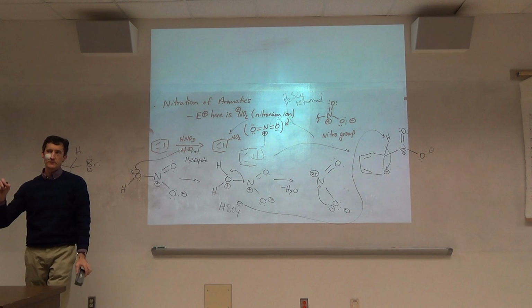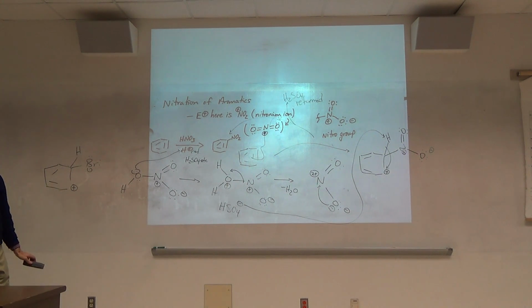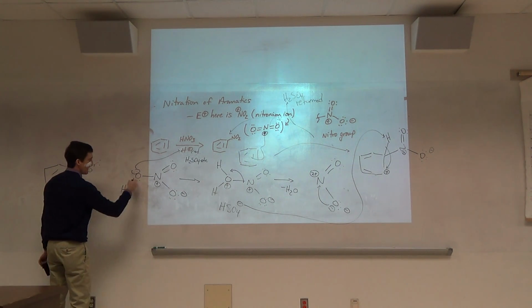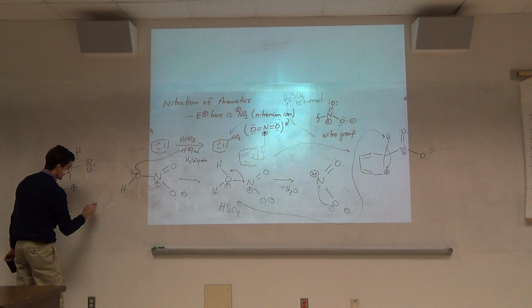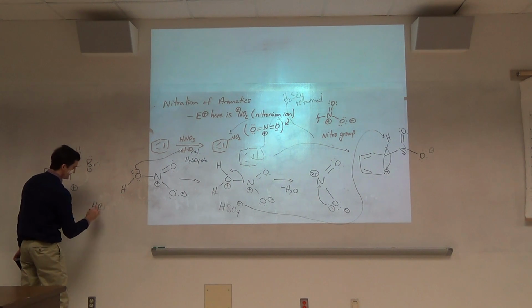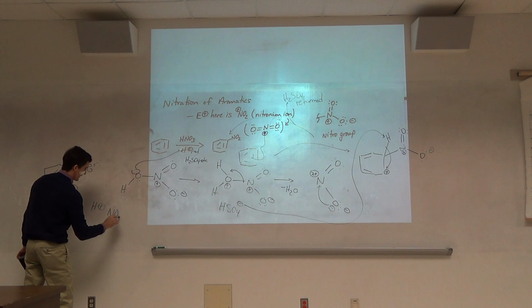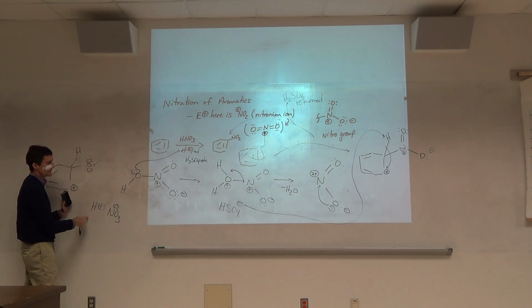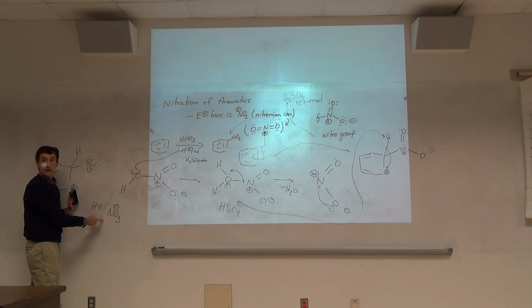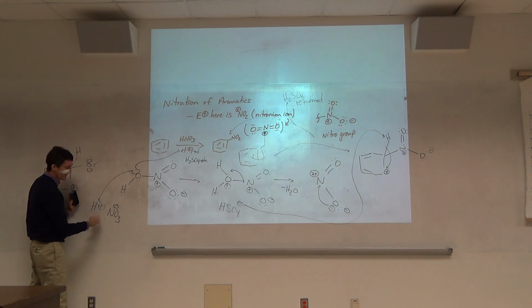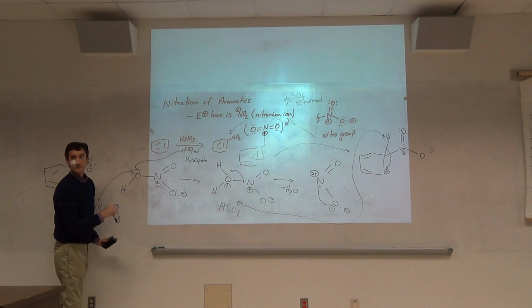But here's something wild and wicked. Nitric acid can actually protonate itself. Okay? I mean, here's one nitric acid. You could have another nitric acid that's ionized, what would that be? NO3 minus. I mean, nitric acid can supply a proton. So you could have one nitric acid protonating another.